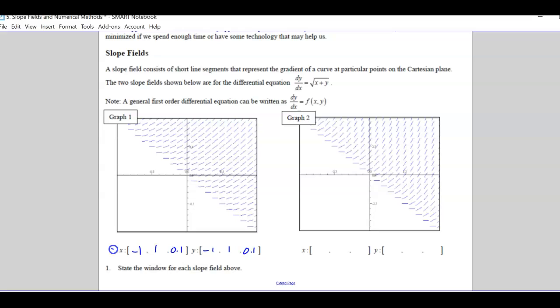Whereas this one is going from -5 to +5, and that marking would be 0.5s.